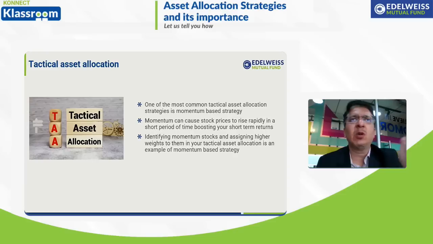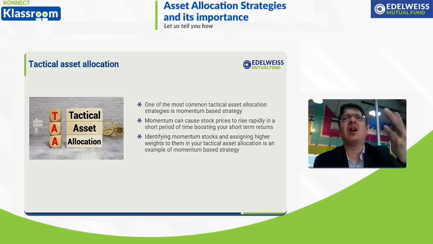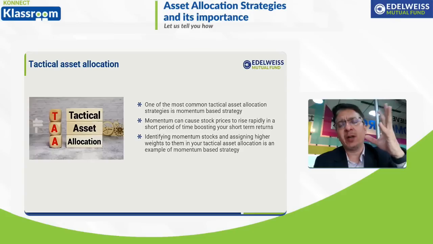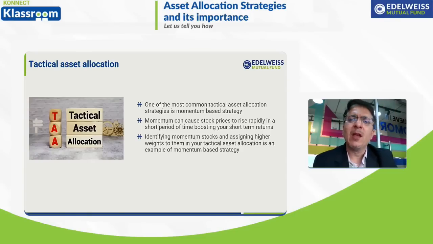And during this time, because the stock price will go up, there is a higher probability that with this momentum they will also make some money. So they identify these securities and assign some weights over there which are higher than their strategy, and take these tactical calls. And this is known as a momentum based strategy, which is deployed in a tactical asset allocation. So that's how tacticals work.